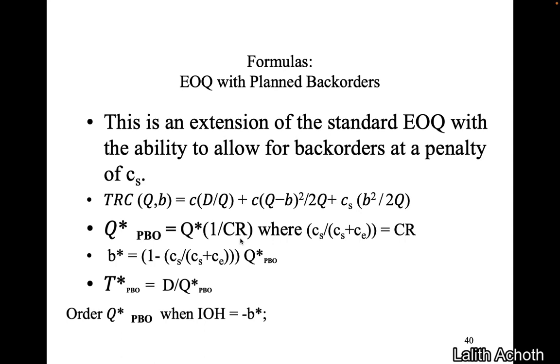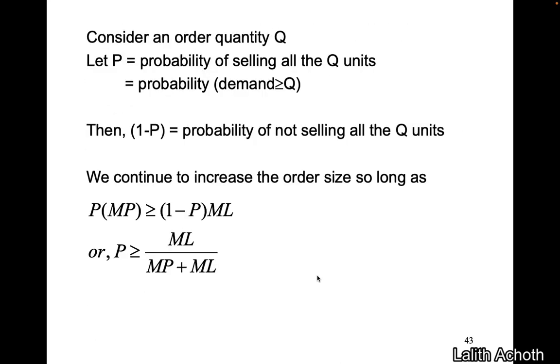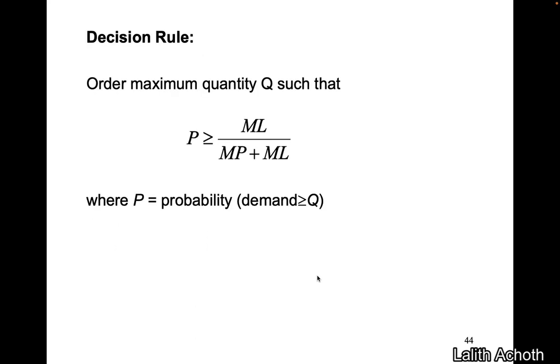So it should be the reciprocal, C plus S divided by S. That's what you should remember. So we continue to increase the order size till this. The order maximum quantity Q such that P is greater than ML divided by MP plus ML, where P is the probability that demand will be greater than the supply.